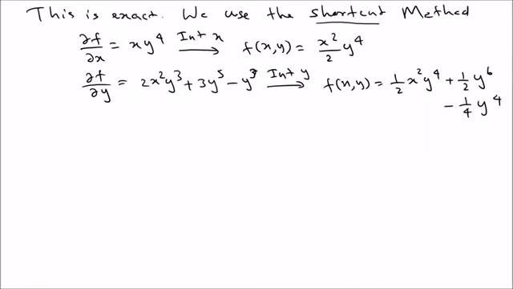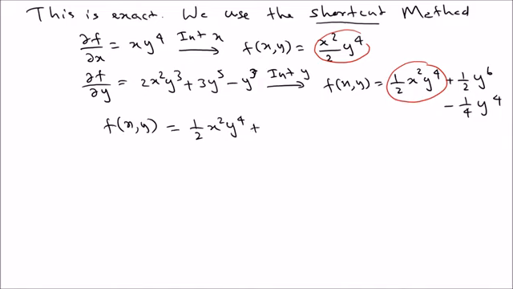Now what we can do, for the f(x,y) function, is first write the common terms, and you can see this is common, so we can write that once: 1/2 x squared y to the fourth power. Then write the uncommon terms: 1/2 y to the sixth minus 1/4 y to the fourth.